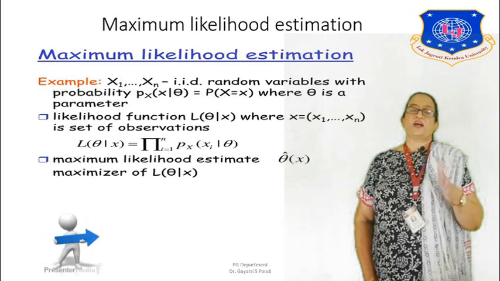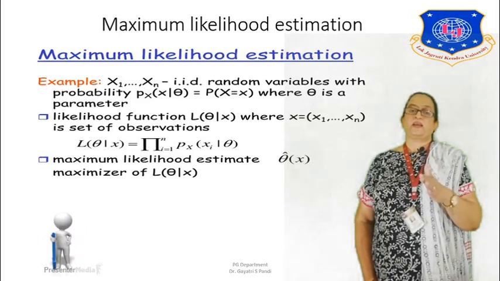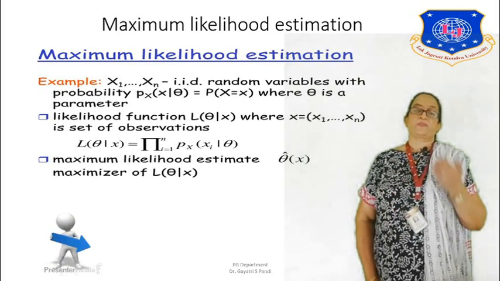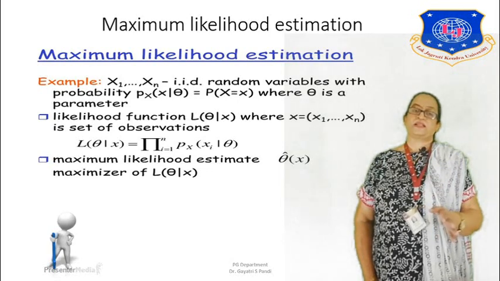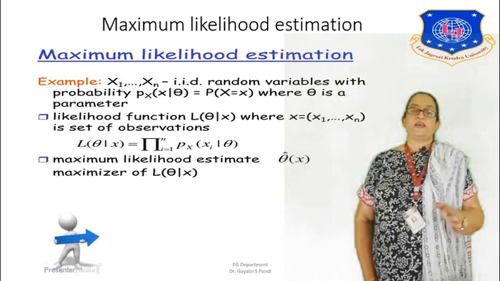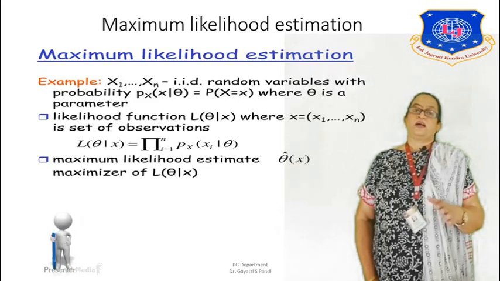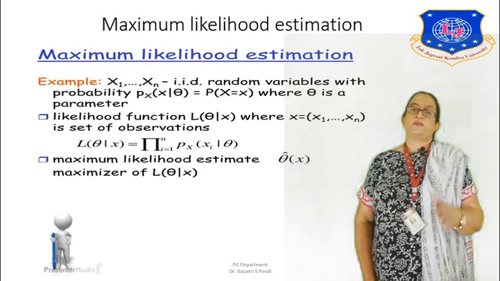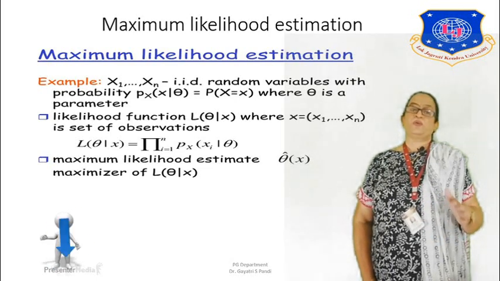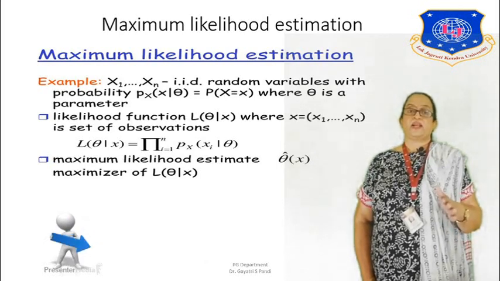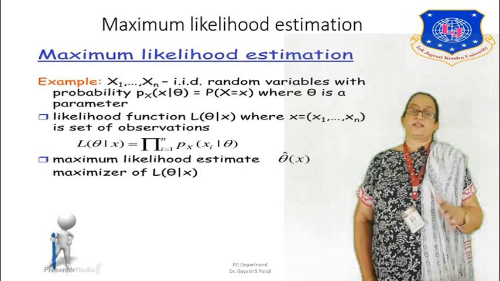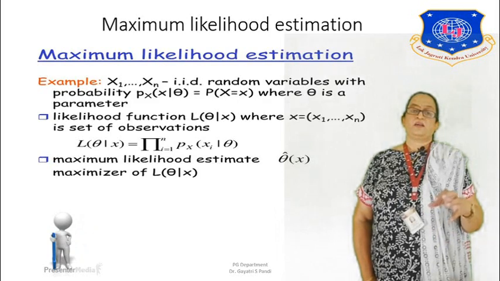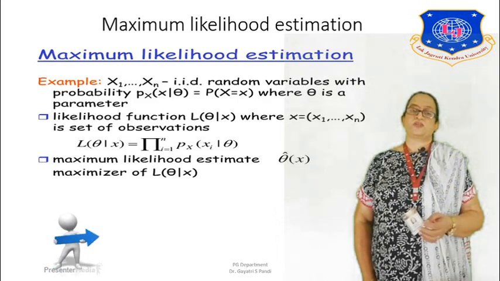The likelihood function L of theta given x, where x is x1, x2 up to xn, a set of observations, is represented as the product over i from 1 to n of p of x_i given theta. The maximum likelihood estimate theta hat of x is the maximizer of L of theta given x. So this is the better representation for maximum likelihood estimation.